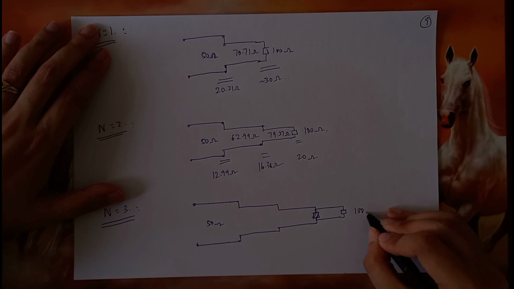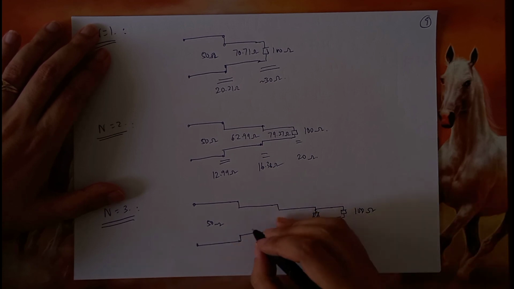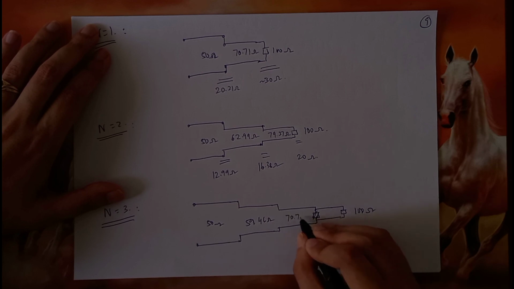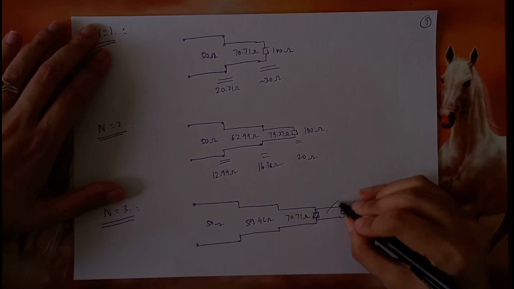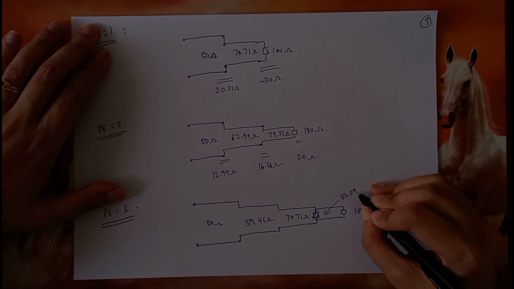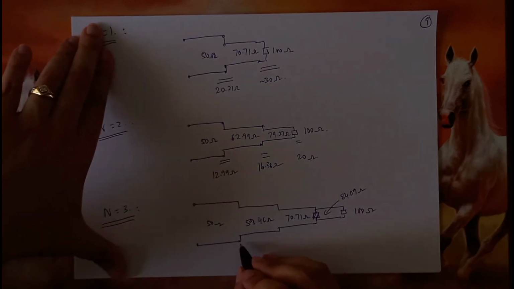This is 100 ohms. This was 59.46 ohms. This is 70.71 ohms. And this is 84.09 ohms. So the first jump is about 9.46 ohms.